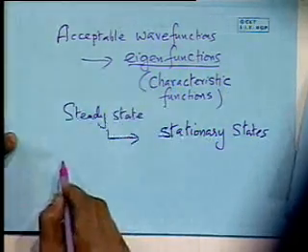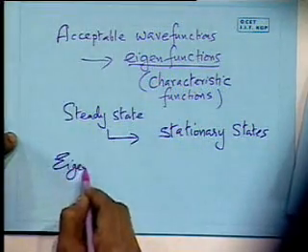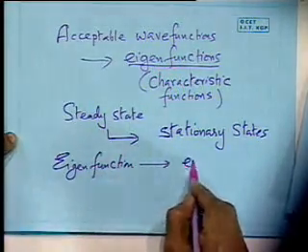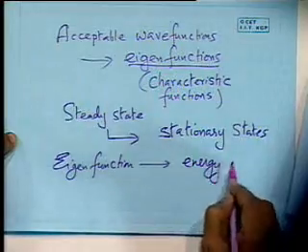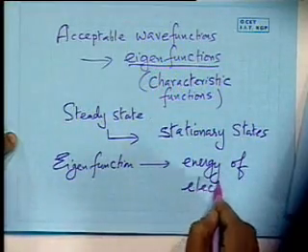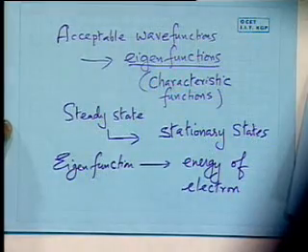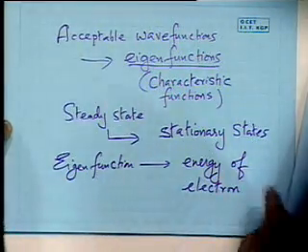And what this eigenfunction does is specify the energy of the electron. So if I know the eigenfunction that is allowed, then I can also determine the energy of the electron that is allowed.